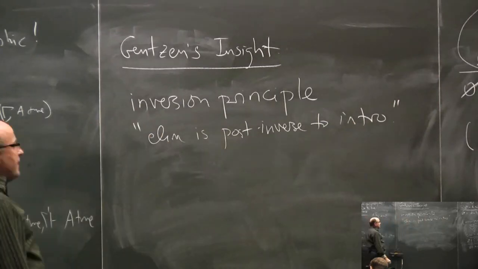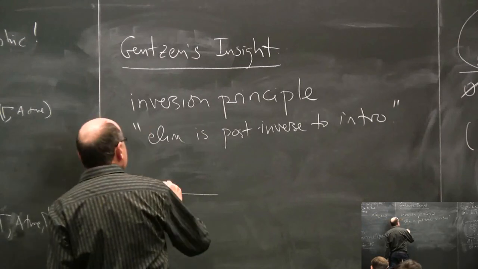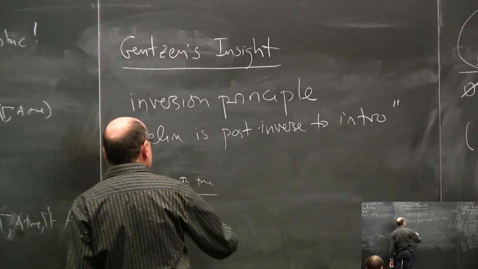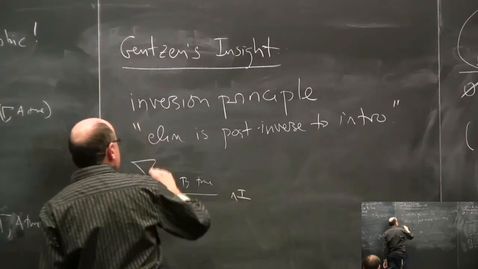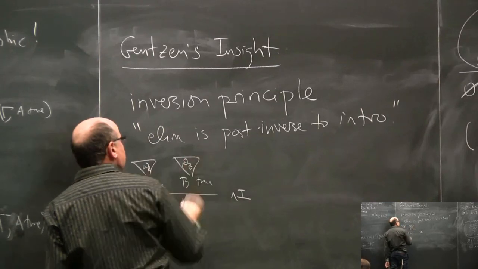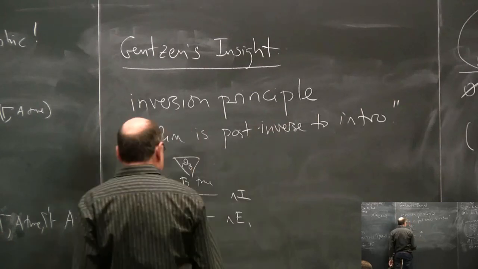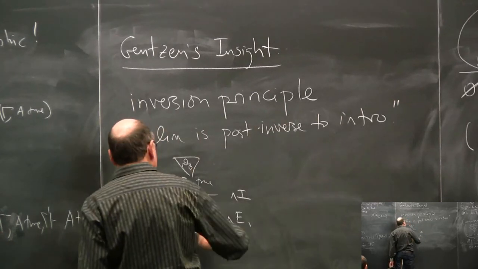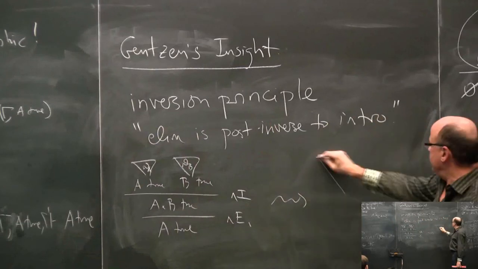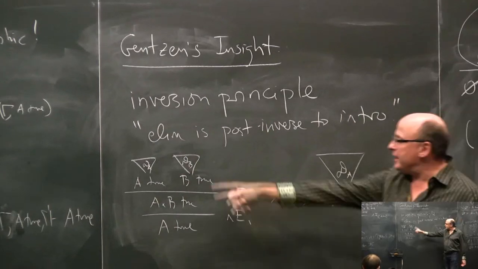That is, if you ever have a situation, let's do another blatant one, where I have A true, B true, A and B true by an introduction, two derivations, call them dA and dB, why not? And then I immediately follow that by and-elimination 1 maybe, and I make A true. Well, I can simplify this, I can cancel that, and just turn that into dA, which is a proof of A true, and why bother with all that other rubbish?